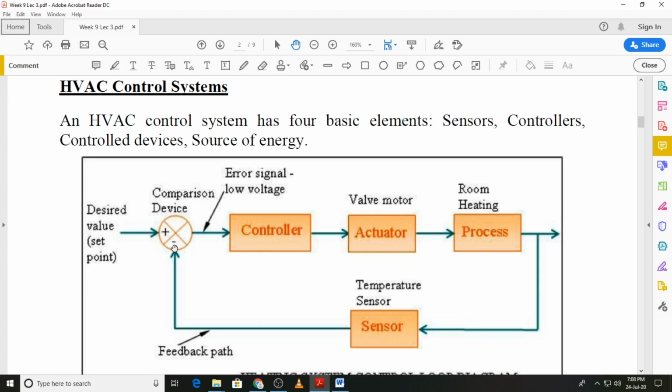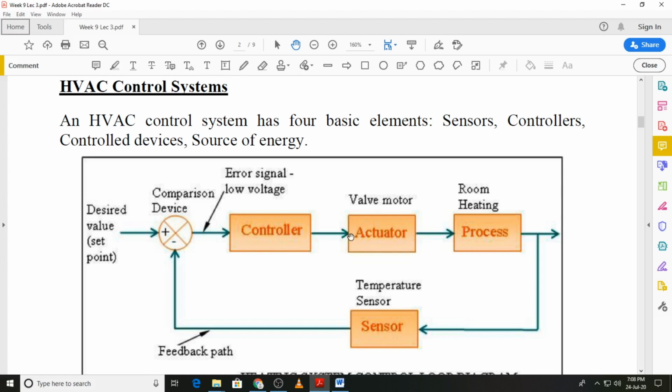So for example, if the temperature drops, then what will happen? The sensor sends a signal to the comparator and it produces an error signal, and the controller causes the actuator to, for example, increase the rate of the air that is being supplied to the room, and that will again bring up the room temperature to the desired level.